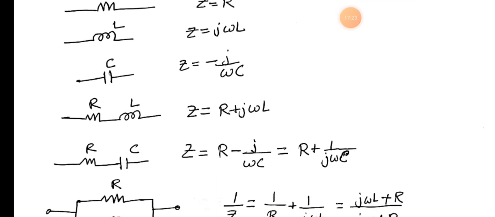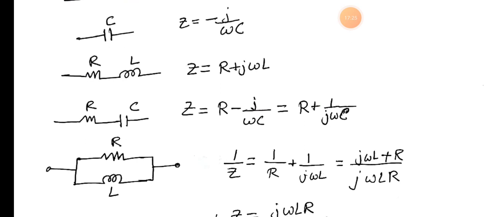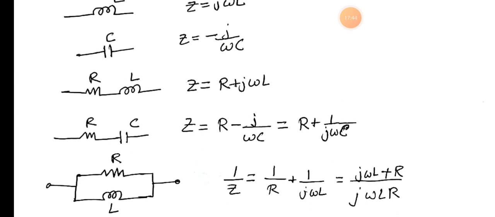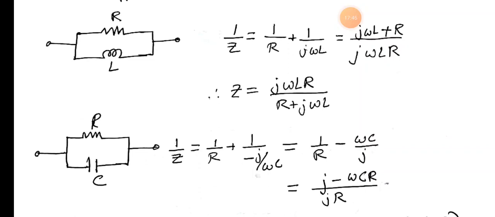So Z equals minus j by omega C. When R and L are in series, Z equals R plus j omega L. Similarly when R and C are in series, Z equals R minus j by omega C, which finally you get as R plus 1 by j omega C. Then R and L being parallel, the term comes as 1 by Z equals 1 by R plus 1 by j omega L, and that comes as Z equals j omega LR divided by R plus j omega L.